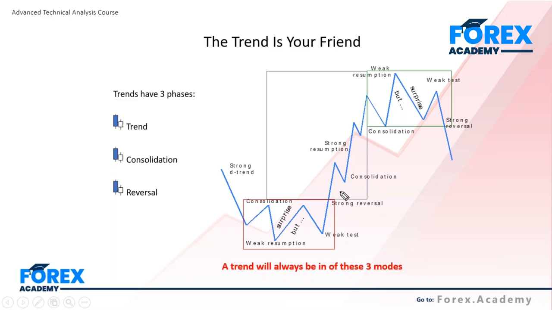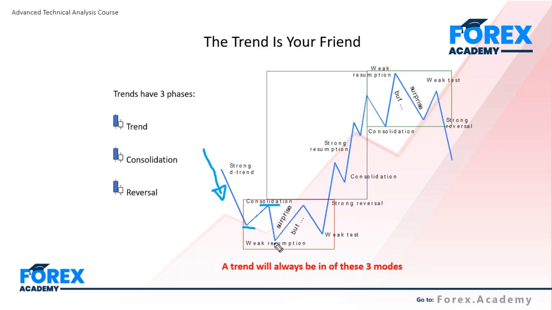Let's assume that the market has been trending down. Our focus as technical analysts is to focus on the evolution of price, or the movement of price over time. What we can see is that the market trades down to this particular low, corrects up to this point, and then continues to move down.